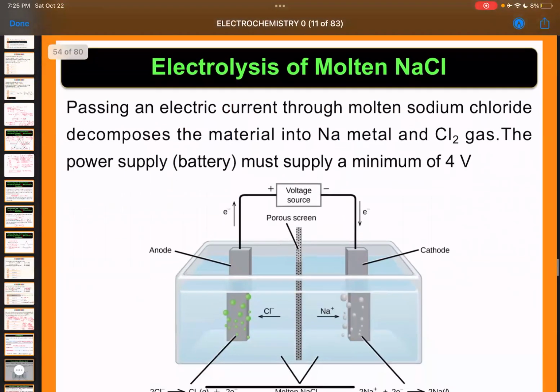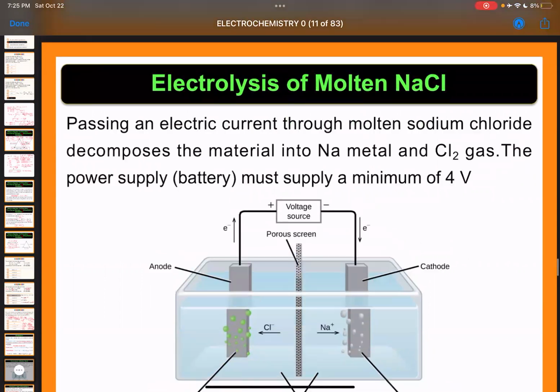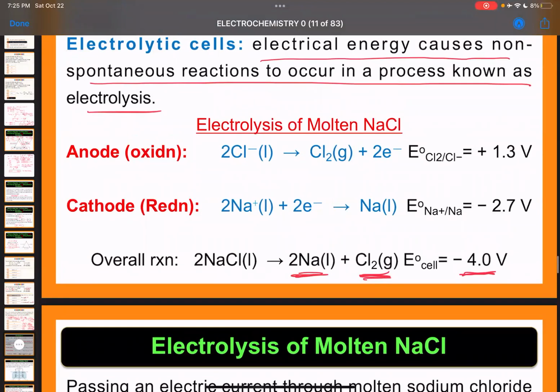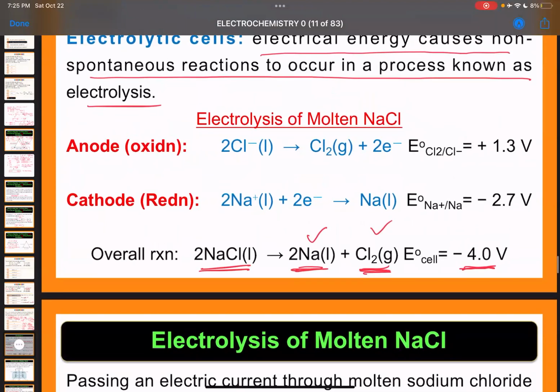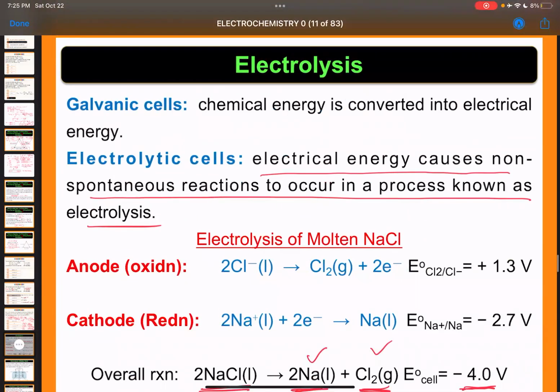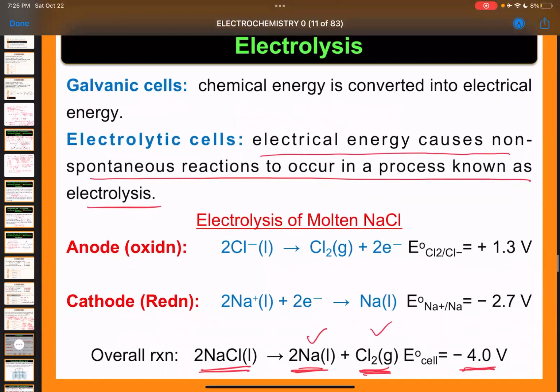So molten NaCl, in this you get Na liquid and chlorine gas. The nature of the product depends upon the medium taken, and the substances which are present, whether it is water or molten. Depending upon that, the nature of the product of electrolysis is governed.